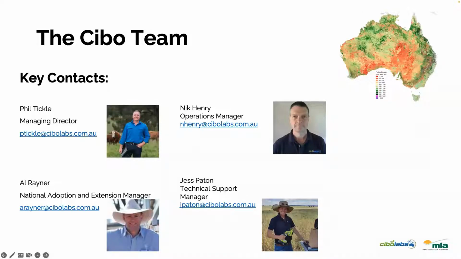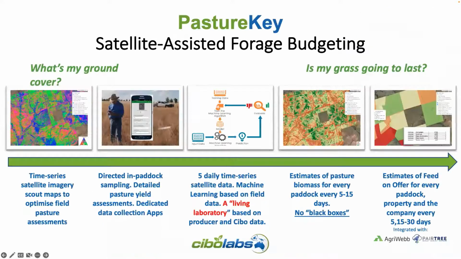So we also have a number of other staff in Canberra and elsewhere who are working on some of our other projects. So it's an exciting team that's operating at a number of different levels. Where we probably are most commonly known is in the Pasture Key space, where we've been doing a lot of work with individual producers, some of the larger pastoral companies, and also now supporting a number of the MLA PGS programs and the projects that are looking to record and do some monitoring.